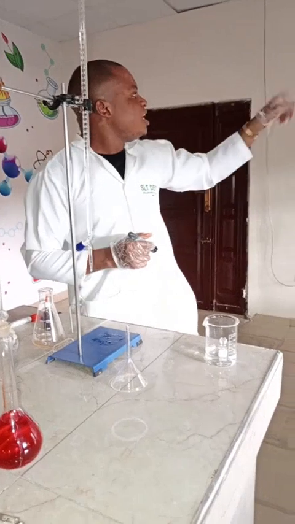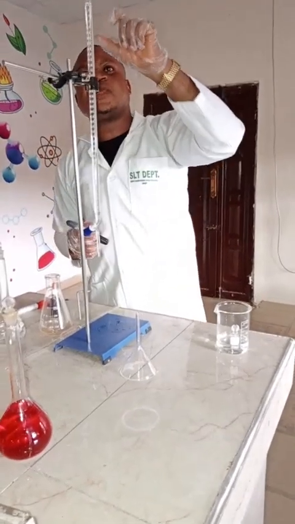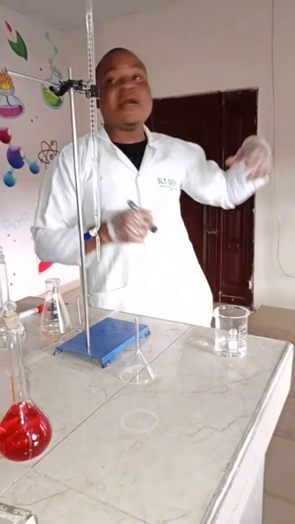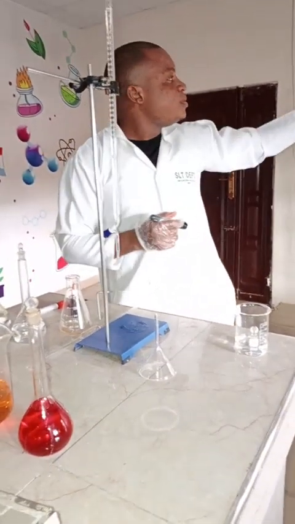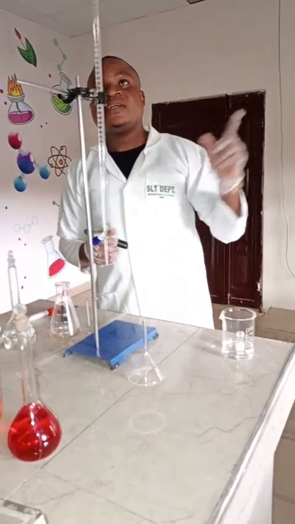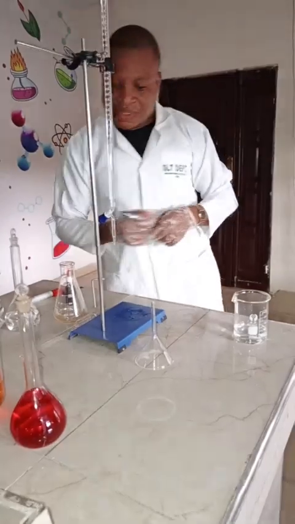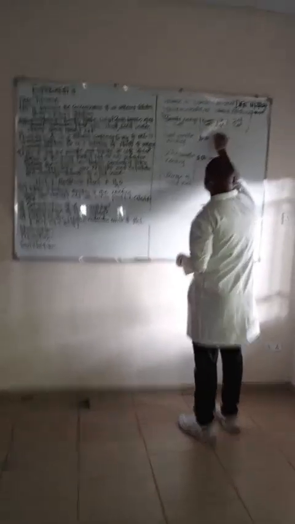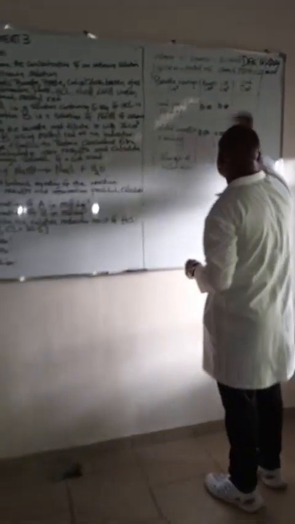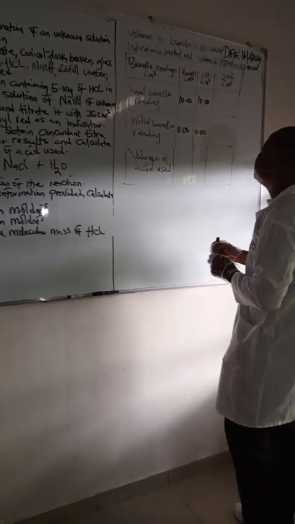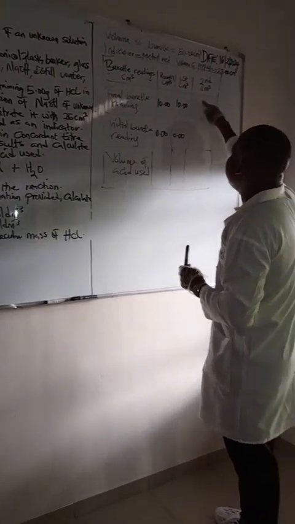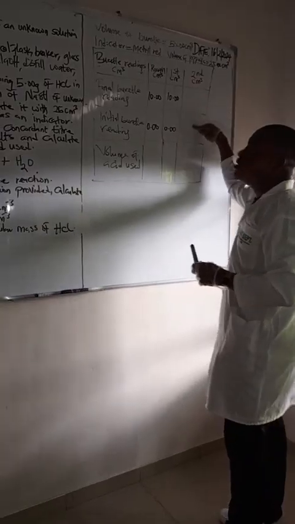That means if I still have 10.00 in the first, I can as well use it in the second burette reading. Are you with me? Yes. Because from here it's still 10.00. So the final here in the first reading is 10.00 cm³.